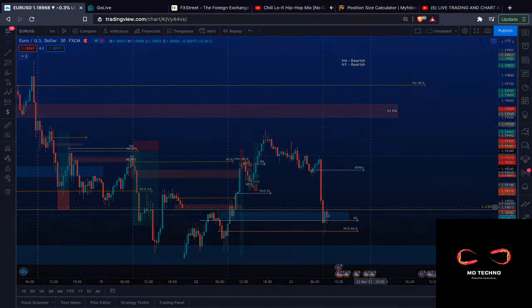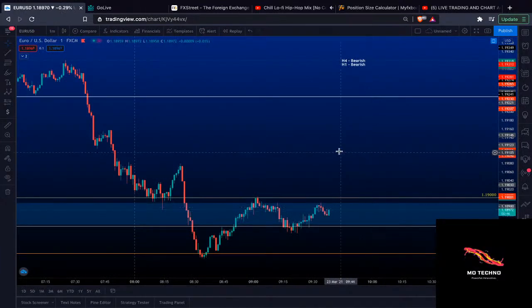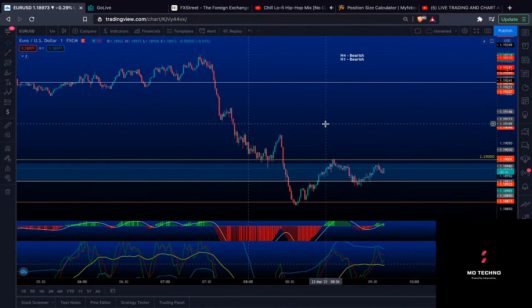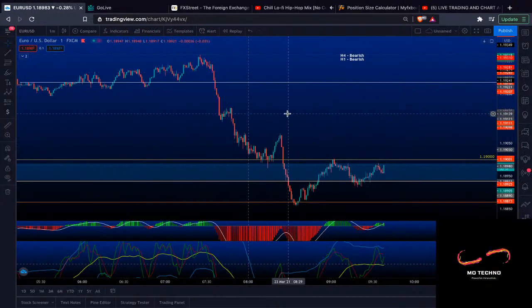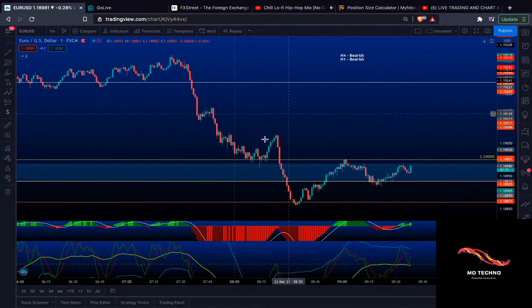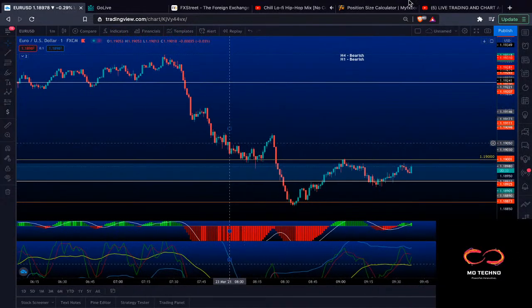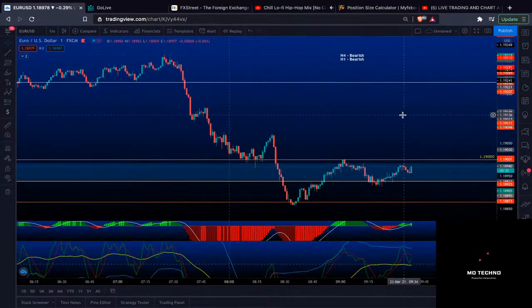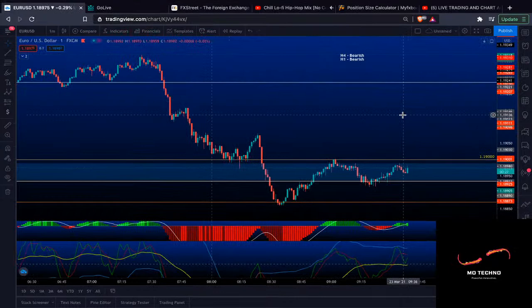All right, let's go on the 1 minute on these fractals, and let's do some calculations. London opened over here. We might be getting some movement in New York, which is in another few hours.